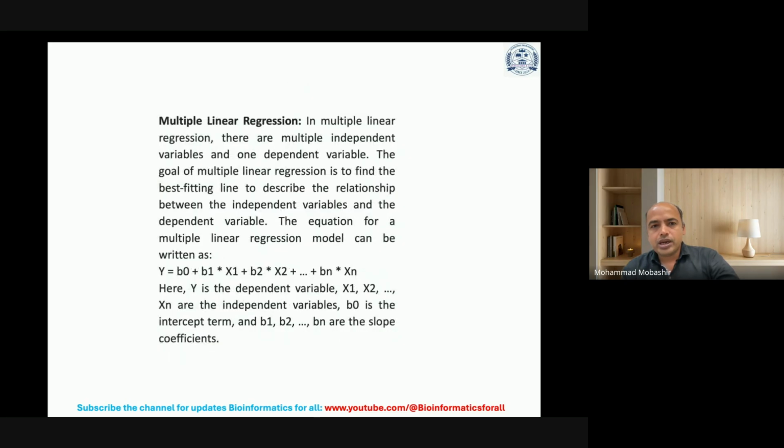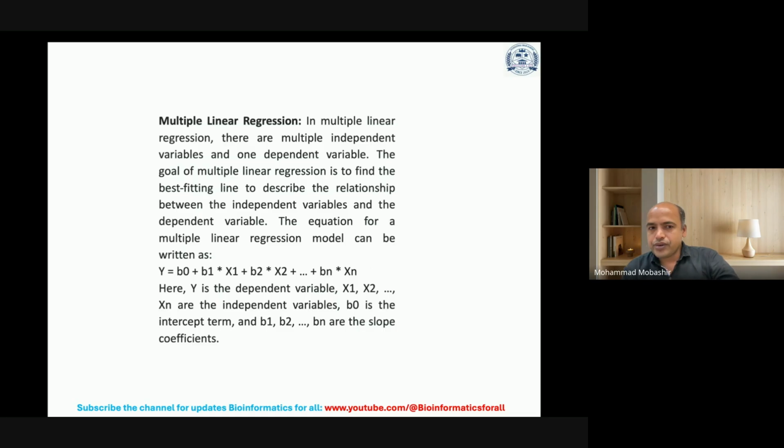Now, in multiple linear regression, there are multiple independent variables and one dependent variable. The goal of multiple linear regression is to find the best fitting line to describe the relationship between the independent variables and the dependent variable.